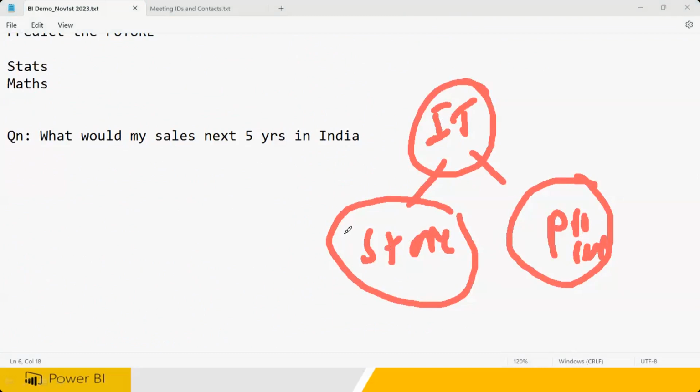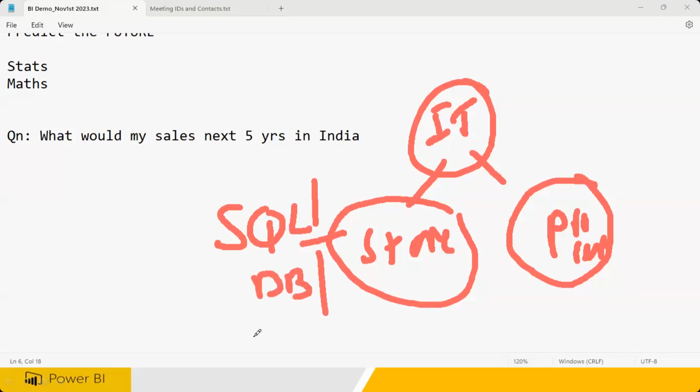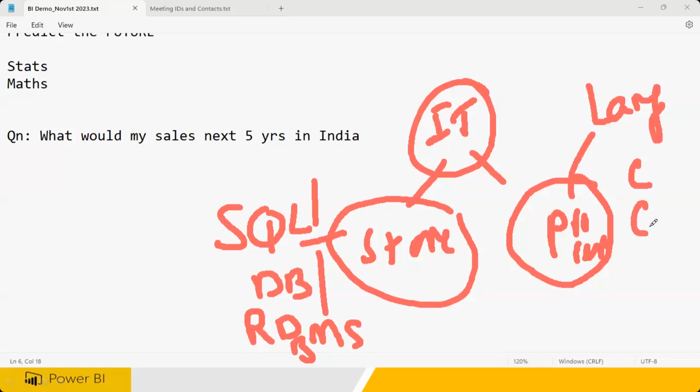For storing, the IT industry uses a technology called SQL technology. It is also called database technology, or RDBMS technology. Clear? RDBMS. And to process the data, the IT industry uses languages like C, C++, Java, Python, SAP.